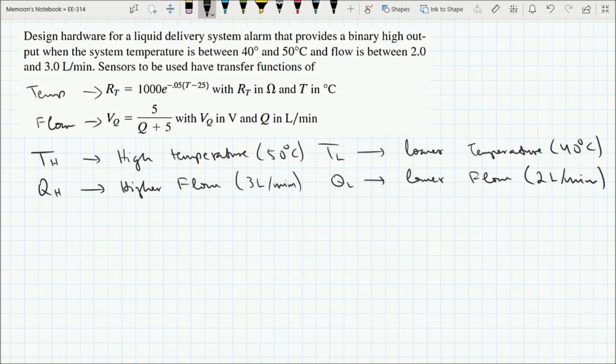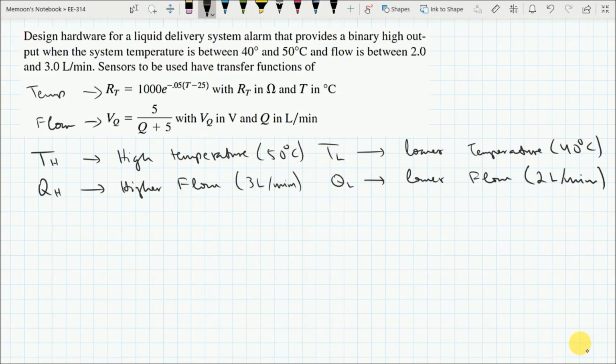Now the tricky thing about this problem is that we don't just have to turn our alarm system on when the temperature exceeds a certain value. Rather, we have to turn our alarm system on when your temperature is within a given range and your flow is within a given range.